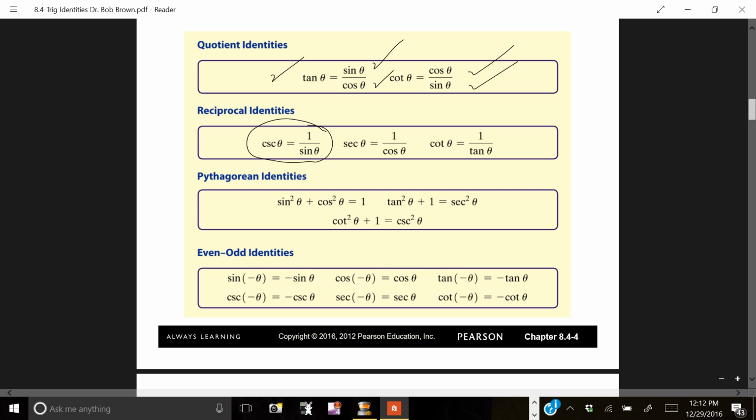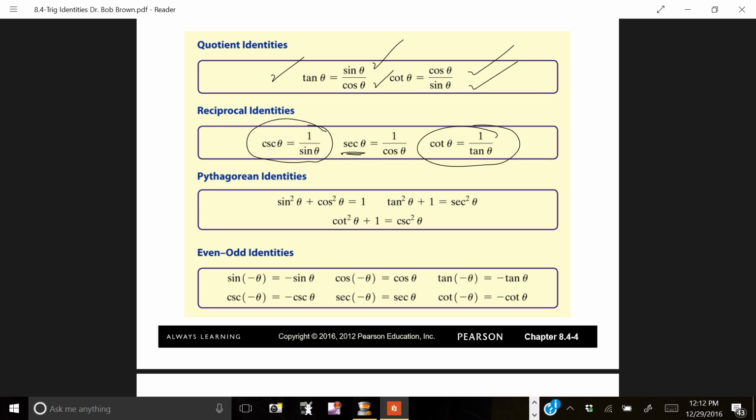The way I remember that is that cosecant theta is not going to be equal to 1 over cosine of theta. It's going to be maybe the opposite of what you might think, 1 over sine of theta. Likewise, the secant of theta is not equal to 1 over sine of theta. It's equal to 1 over cosine of theta.